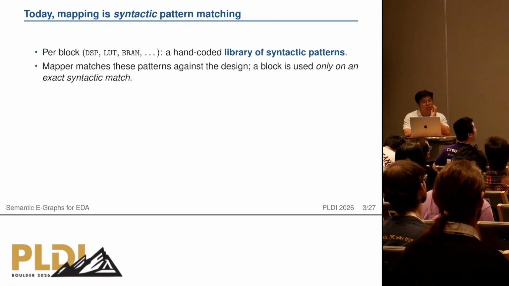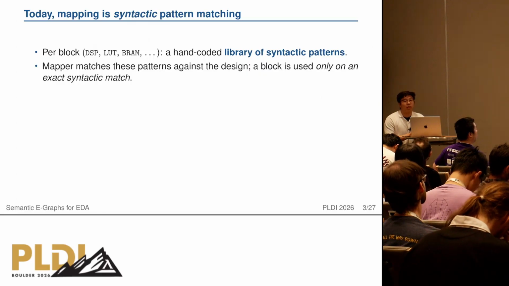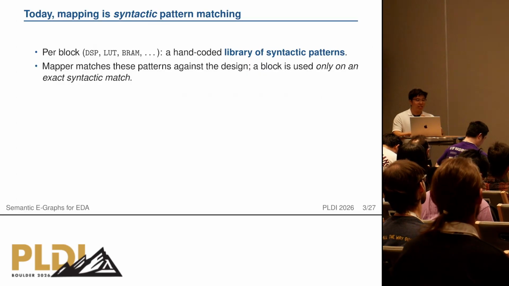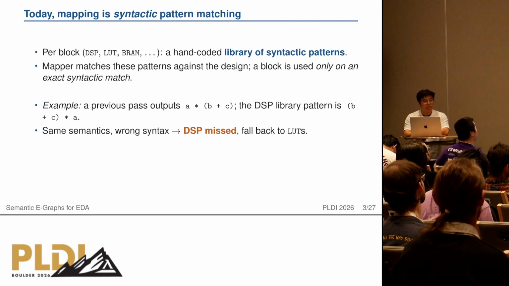Today, the traditional mapping tool is doing syntactic pattern matching. For blocks like DSP, lookup table, and BRAM, they have a hand-coded library of syntactic patterns, and the mapper will pick these patterns. Only if there is an exact syntactic match can we do the matching. However, this is problematic, and here is a very common failure pattern.